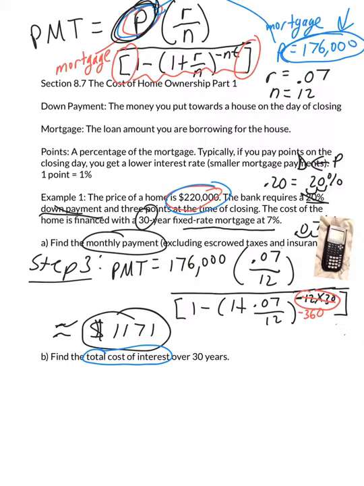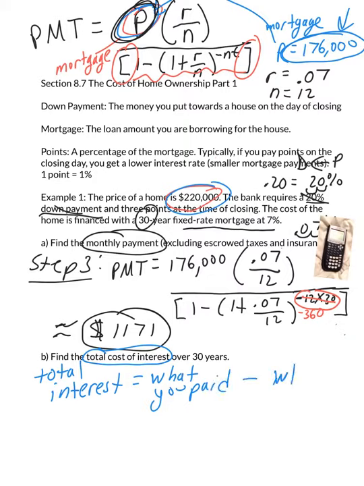So we're going to use the same type of formula, is the good news, as we did in the car examples. The total interest equals, we're going to figure out what we paid. So you're going to take what you paid by the end of the 30 years in this case, and you're going to subtract from it what you borrowed, the principal.